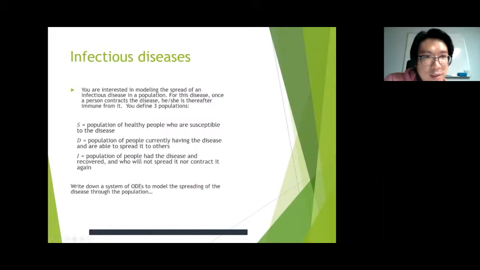Next one. This is very hot now. How do you model infectious diseases? In the same course, I also teach you how to model infectious diseases. If you go online and read about the current epidemic, people try to predict how many people would die. It's all differential equations.